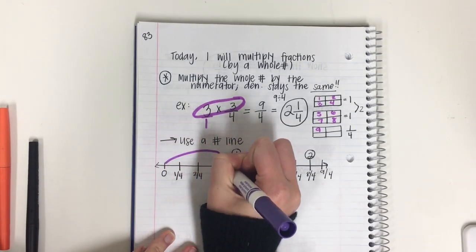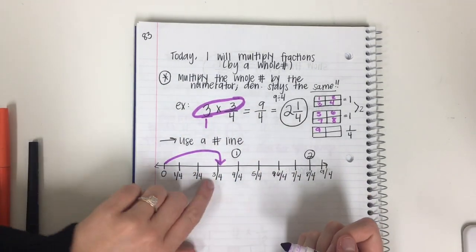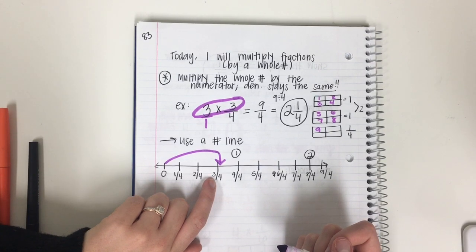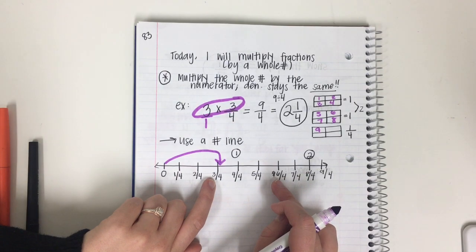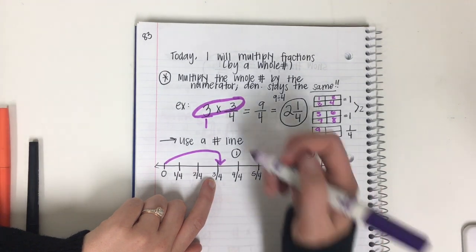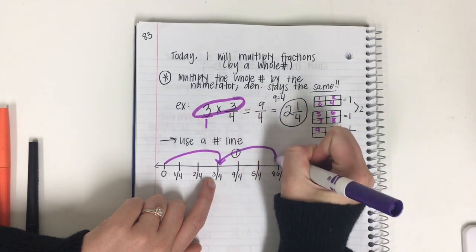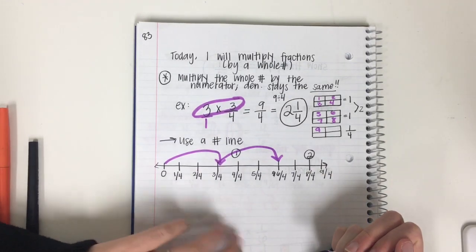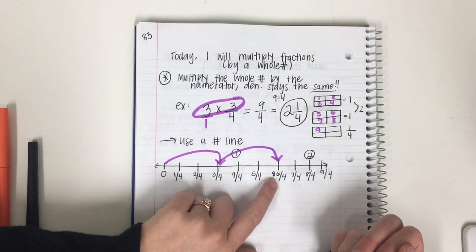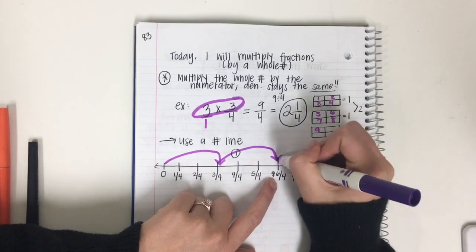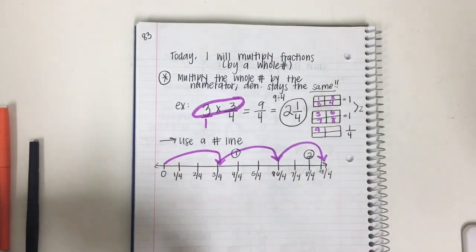Okay, so I have 1 jump. Now what's 3/4 plus 3/4? 6/4, right? Because your denominator stays the same. So 3 plus 3 is 6. Go to the 6. That's my second jump. Okay, and my third jump, what's 6 plus 3? 9. There we go. So I proved it with a number line.